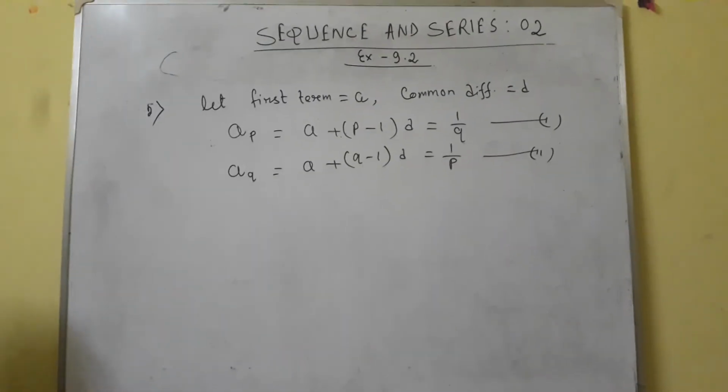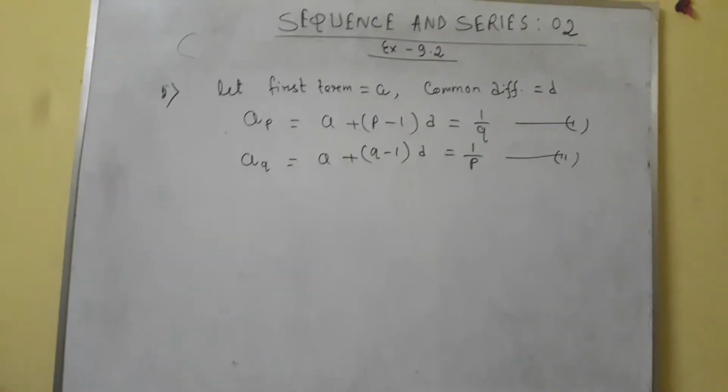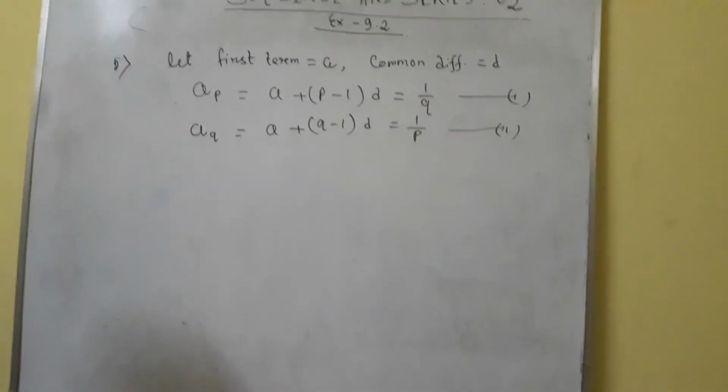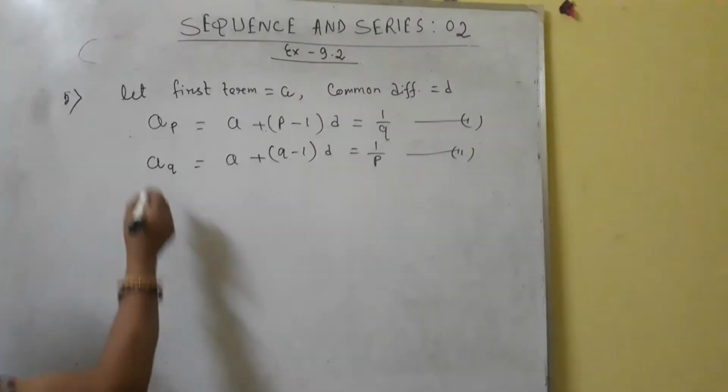From these two relations, find the relation between A and D, because both are unknown here.